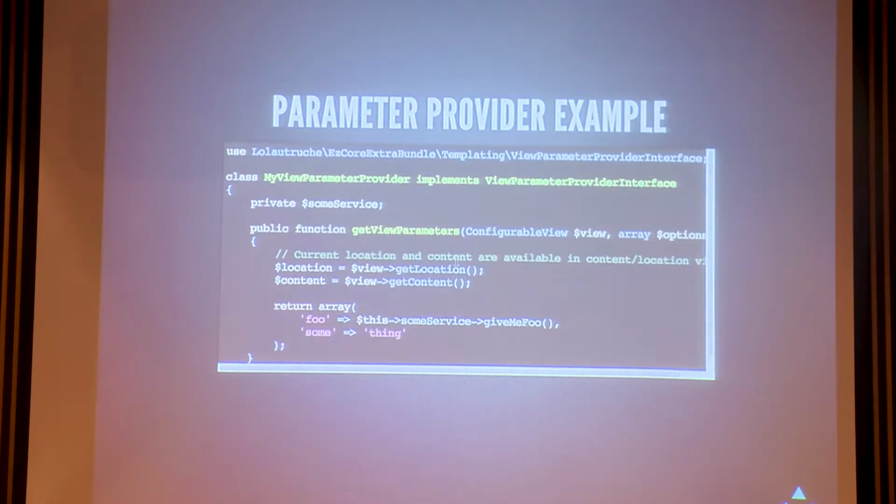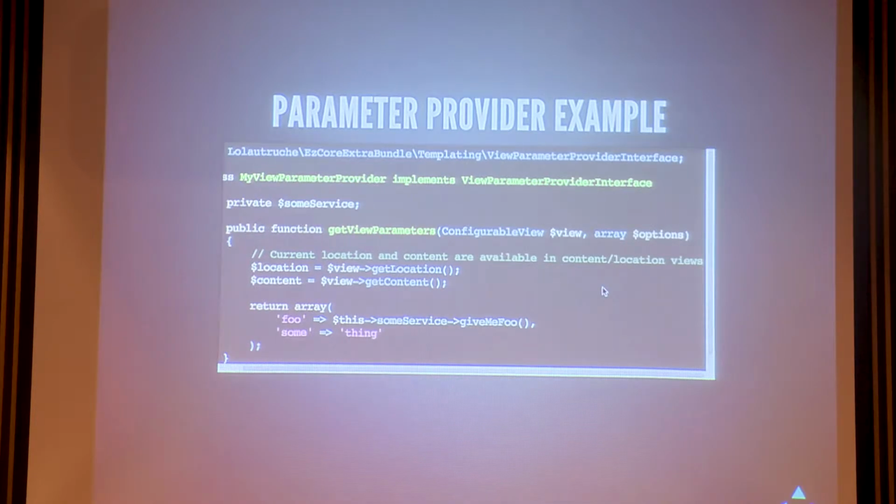Then your parameter provider is just a plain class implementing the view parameter provider interface. And that's basically it. You have just one method to implement, which is getViewParameters. You get the current view, which is being configured, and an array of options, because you can also pass options to it.